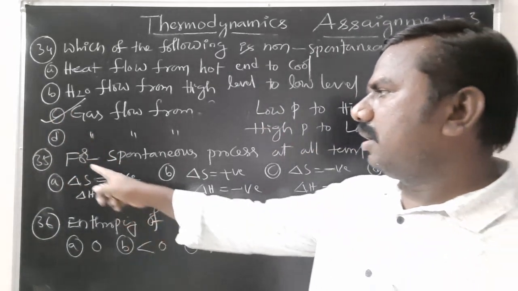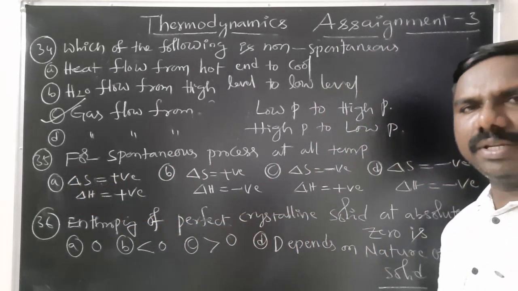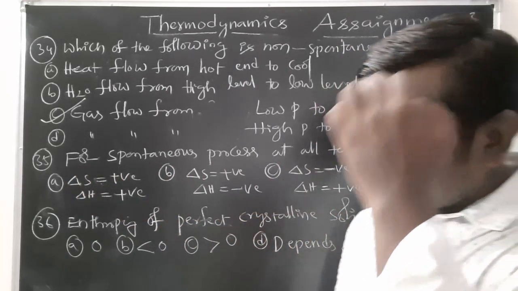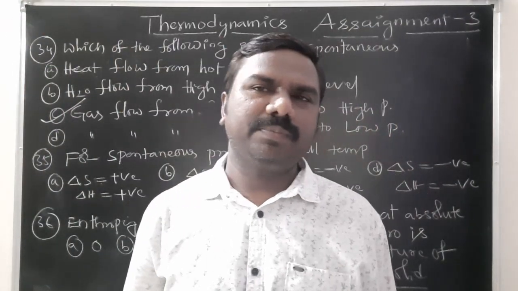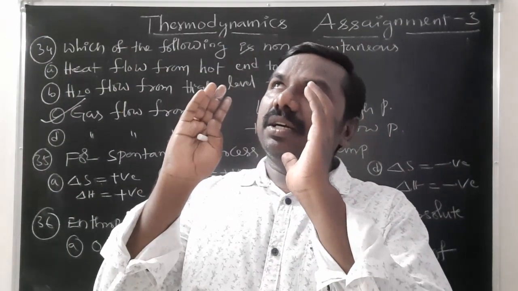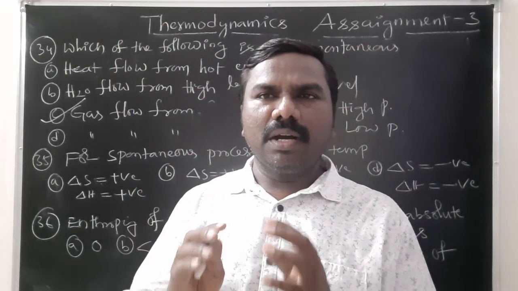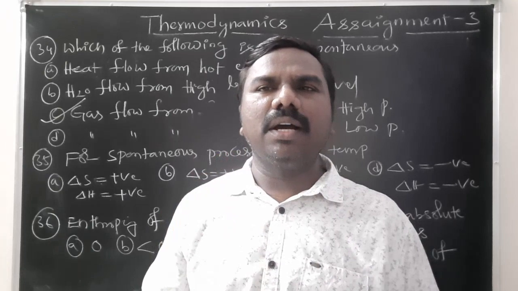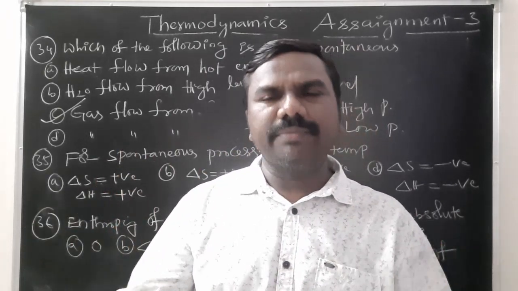Next. 35. For spontaneous process at all temperatures. I gave students already. Spontaneous means water flow from high level to low level. Yet in the water tank, water should be in a particular order. When it comes down, obviously there is a disorder.